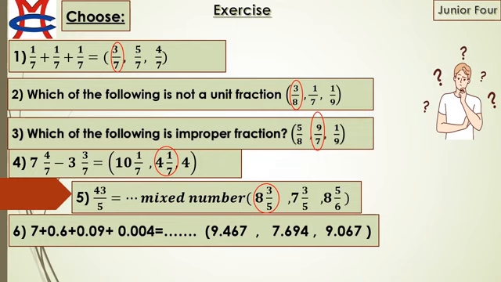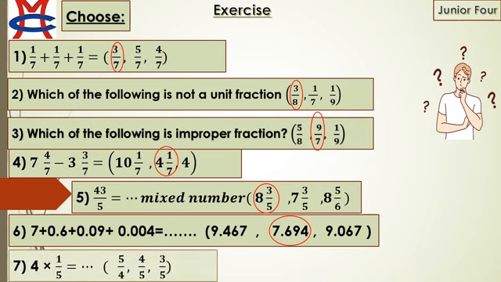We want to write it in standard form. 7 in ones place, 0.6 in tenths place, 0.09 in hundredths place, 0.004 in thousandths place. So the number is 7 and 694 thousandths. 7 in ones place, 6 in tenths place, 9 in hundredths place, 4 in thousandths place. So the number is 7 and 694 thousandths.